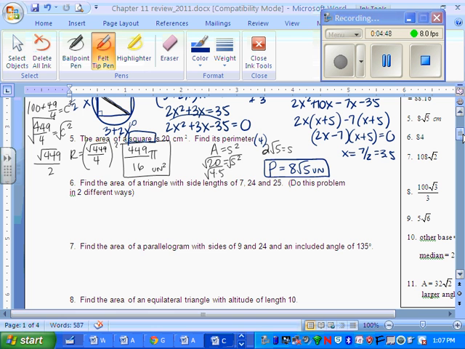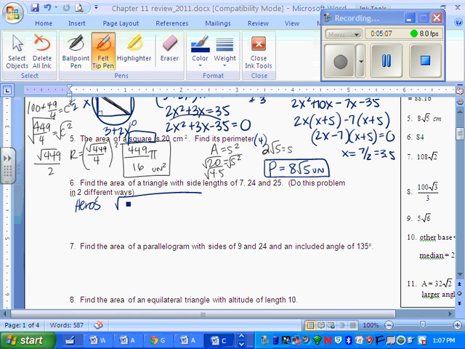Find the area of a triangle with side lengths 7, 24, and 25. So I can do this problem in 2 different ways. First way would be Heron's, and second way would be base times height divided by 2. So let's do Heron's first.